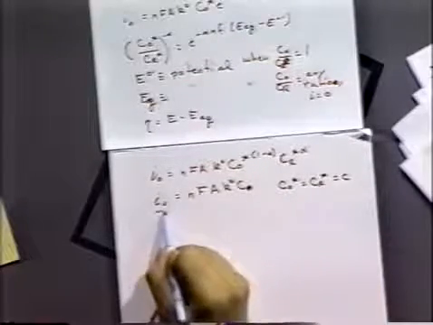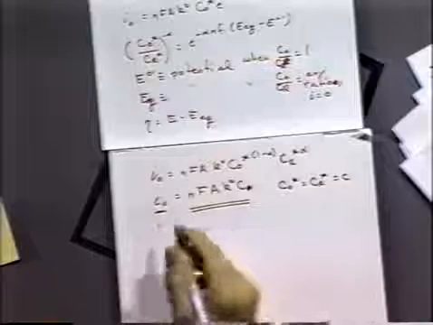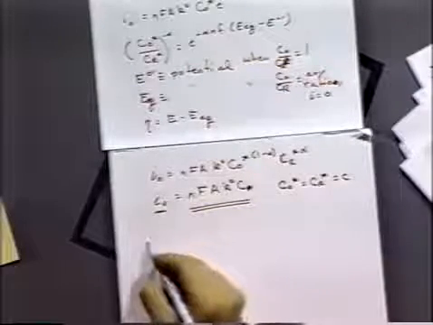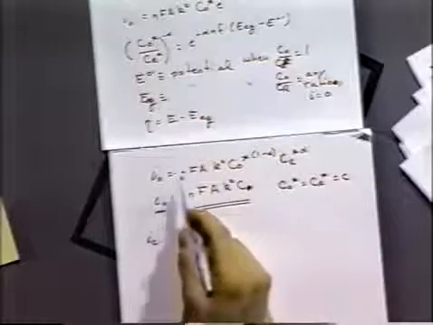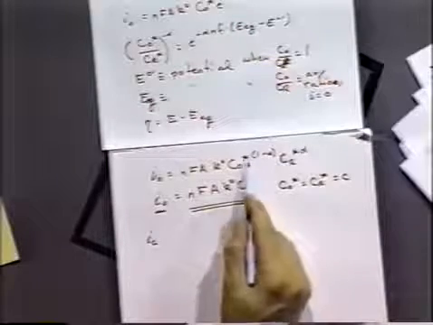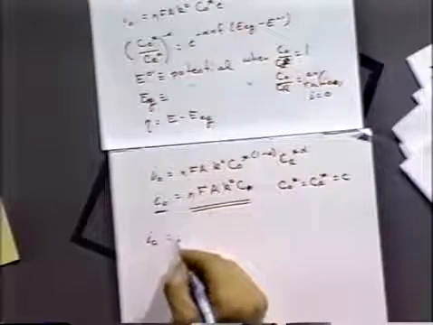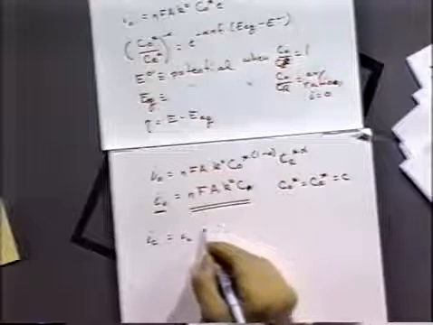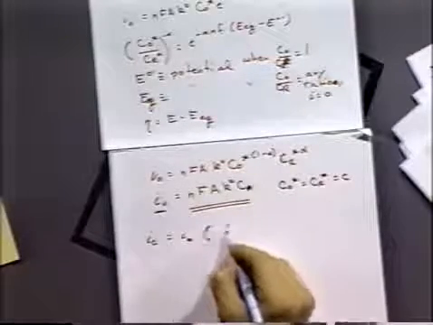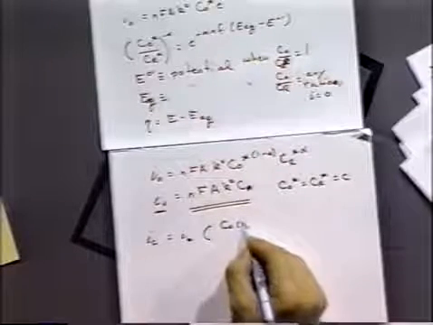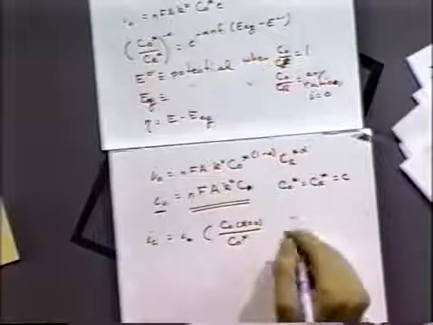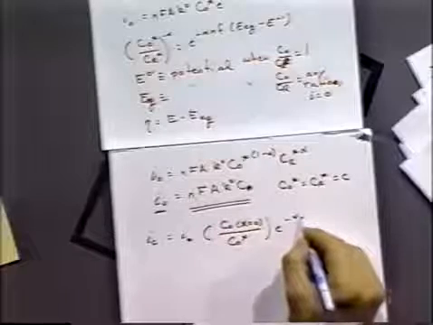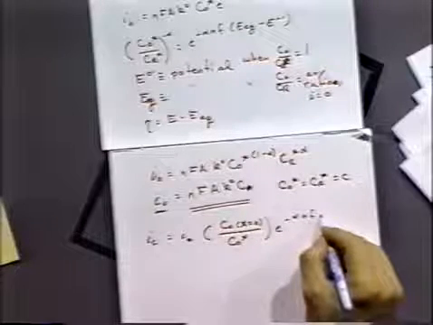So you can see the relationship between the exchange current density and the standard rate constant. Let's rearrange things again. Substituting in now what we've seen here for the I0 and the expression for C0 star and so on, we can see that I sub C is equal to I0, our standard exchange current, times the concentration of O at the electrode interface over the bulk concentration, times e to the minus alpha NF eta.